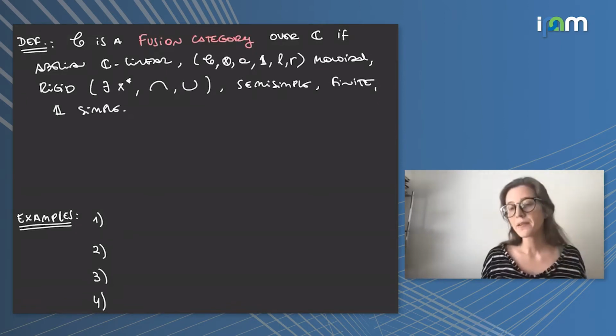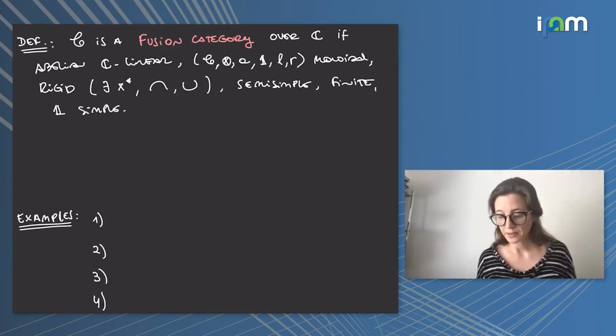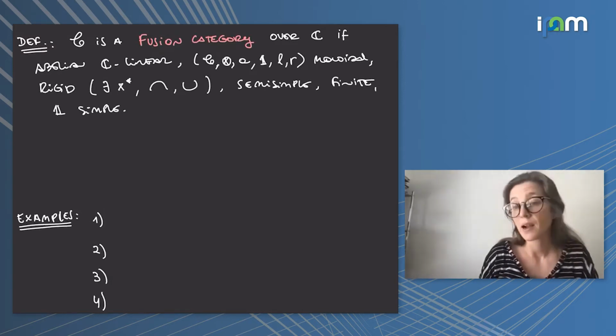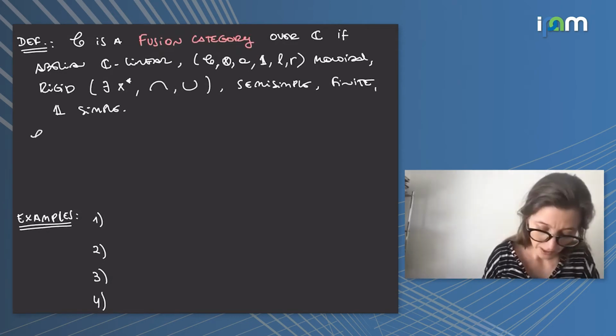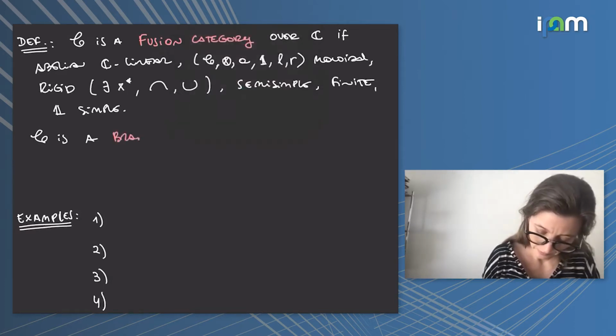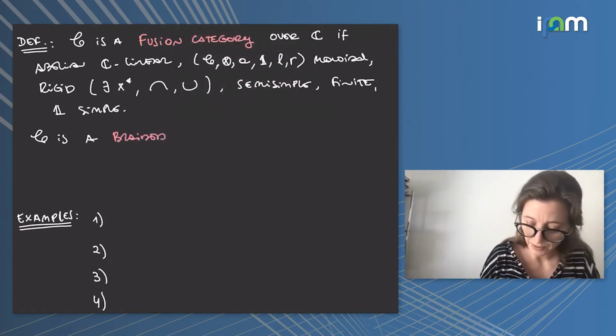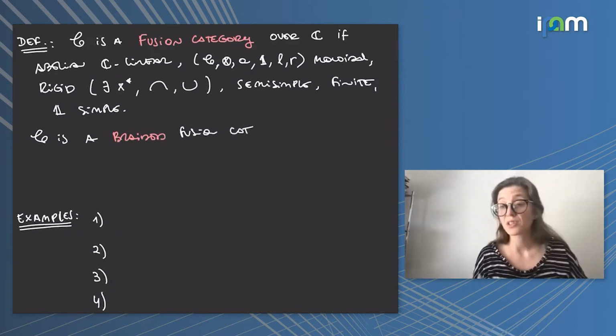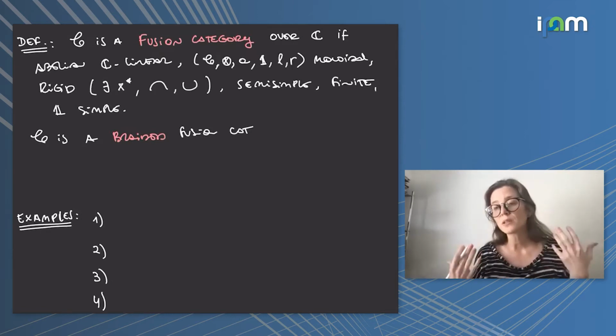Some other interesting class of fusion categories, which I will mention a little bit later and so I want to introduce the name, are the braided fusion categories. What I'm asking here is that my tensor product is commutative, and it's commutative in a coherent way.